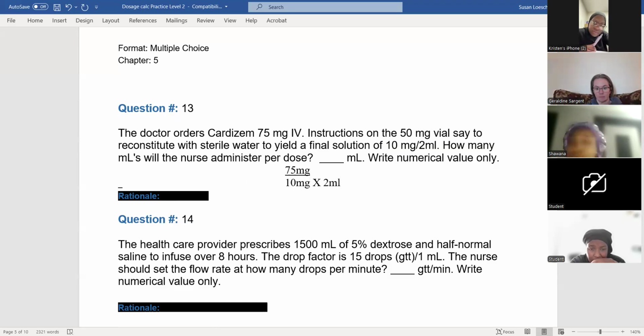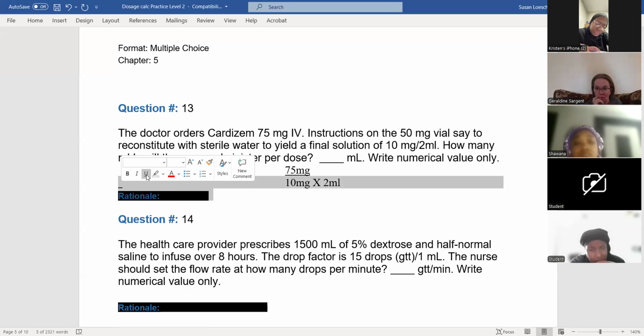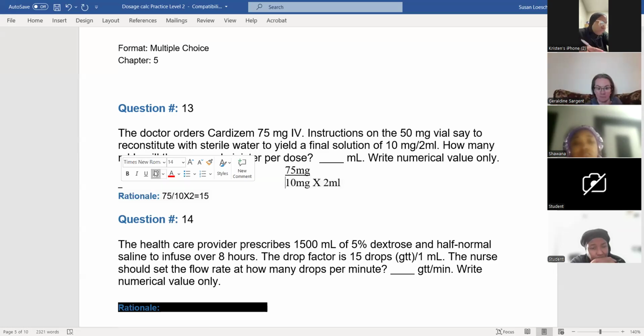If you put everything out like that, then it shows you what you're crossing out, what you're left with. Okay, so you said the answer was 15? There you go.